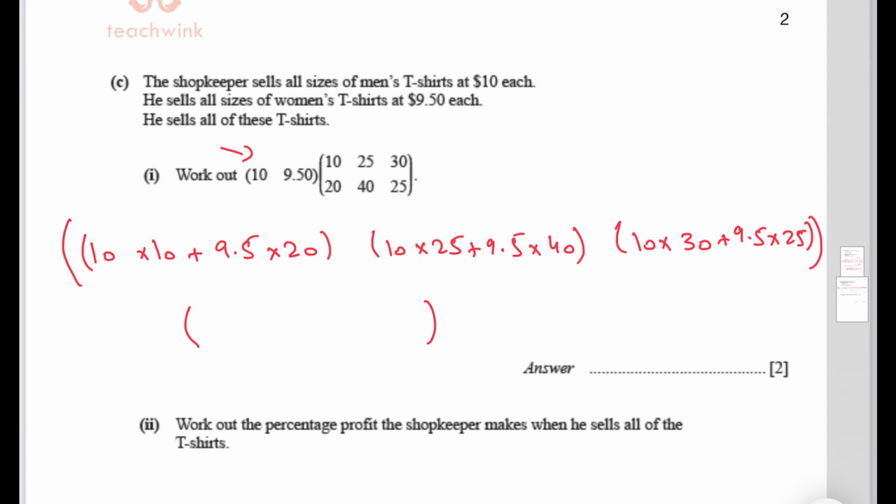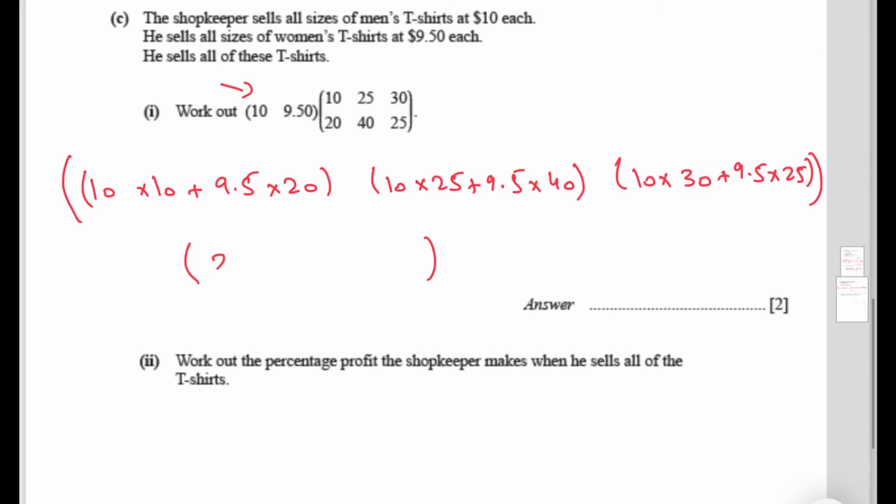10 by 10 plus 9.5 by 20. This gives us 290, the first value. And then I do 10 by 25 plus 9.5 by 40. This gives me 630. Let's find out the last value.